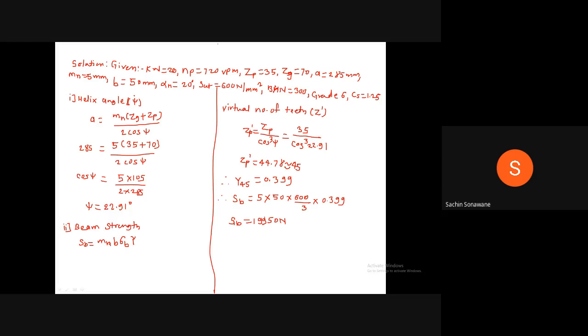Now we'll calculate wear strength. Third value, wear strength SW.